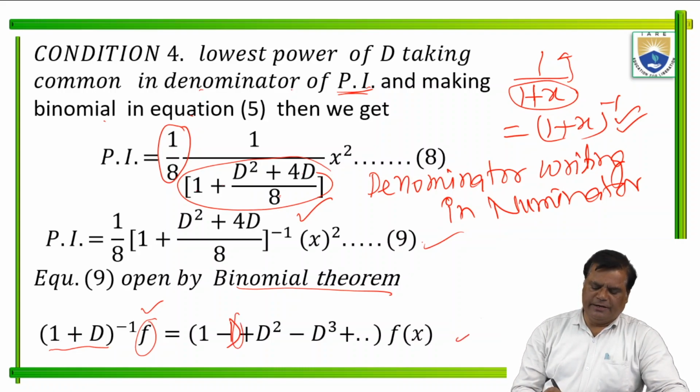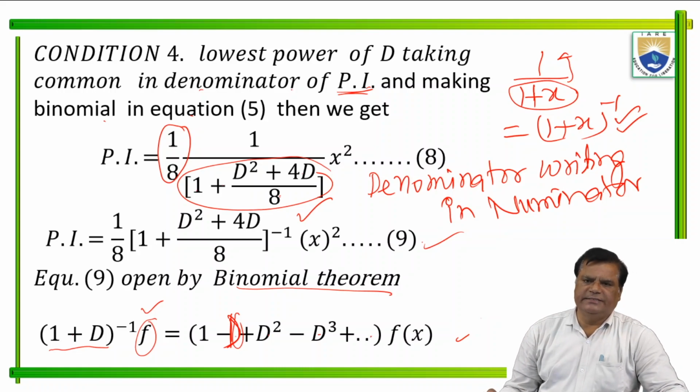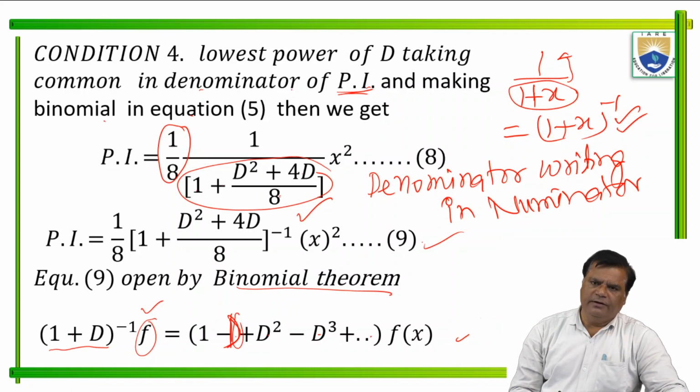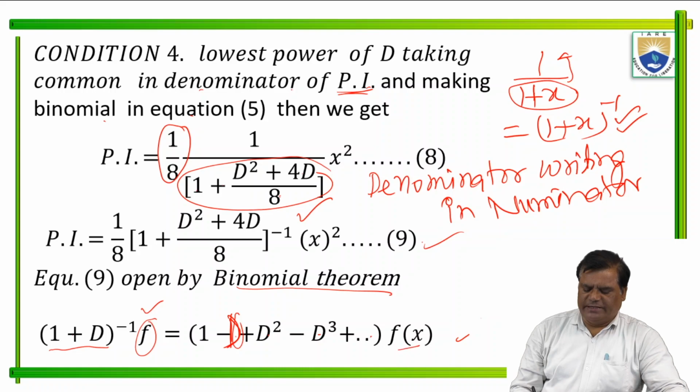In this formula D is missing. 1 minus D plus D square minus D cube plus D4, alternate signs are there, and the power of D increases. The first term is 1, then the power of D increases, and alternate signs are there. So here is f(x).